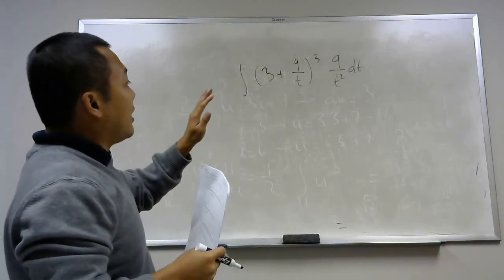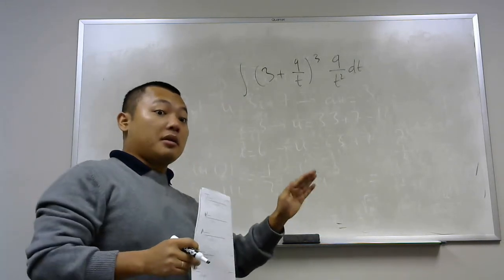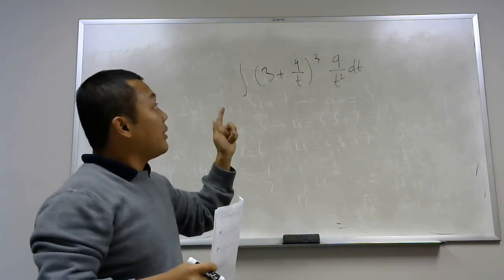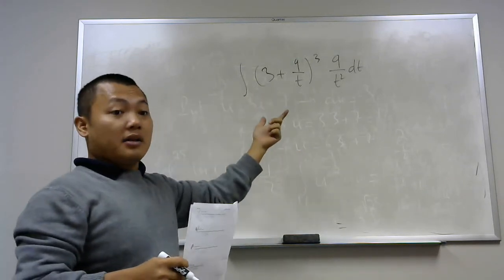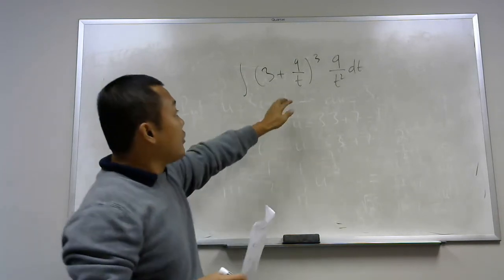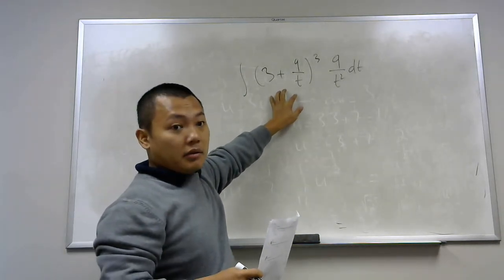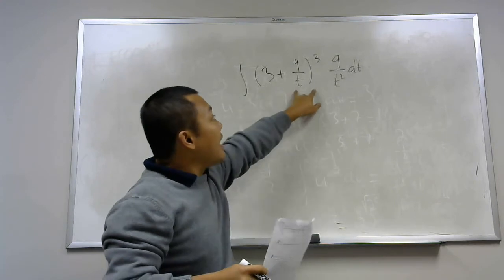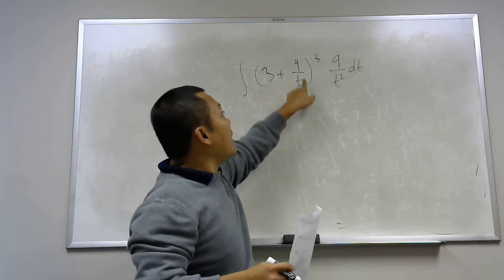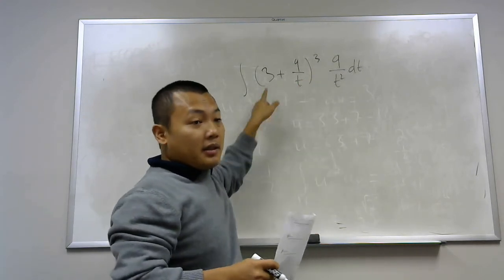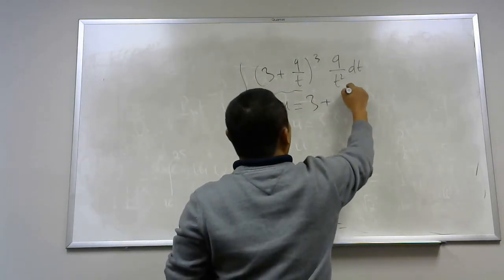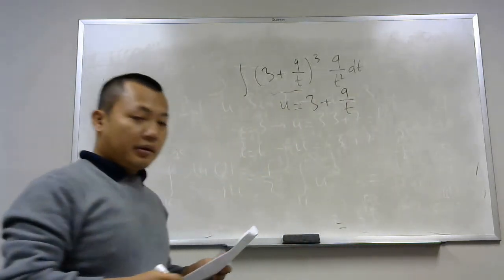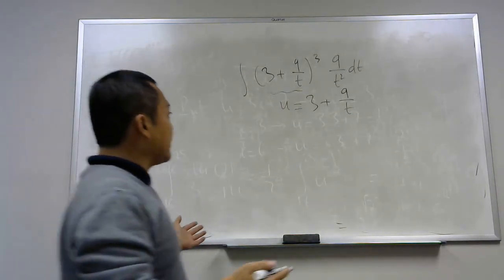The best way to choose a substitution is to look at the function under the integral and see what kind of function is composite. We choose the inside function to do substitution. This is composite because of (3 plus 9/t) cubed. So I choose the inside, I put u equal to 3 plus 9 over t. Then I take the derivative.